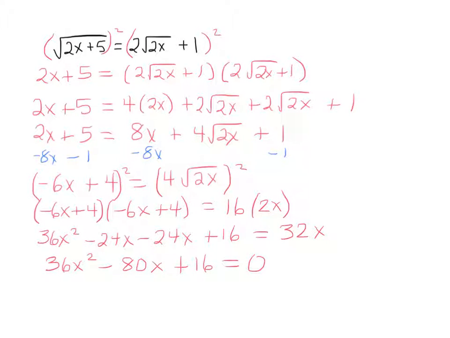Remove a common factor of 4. I'll have 9x squared minus 20x plus 4. So now it's probably easier to factor. This still isn't the easiest thing to factor, but we can probably do it with a little bit of thinking through.